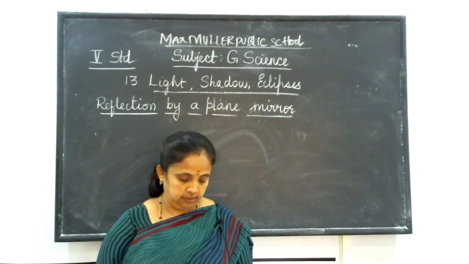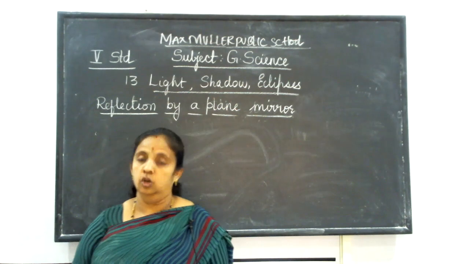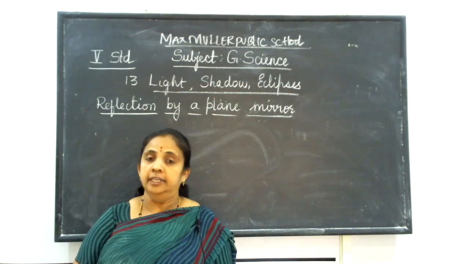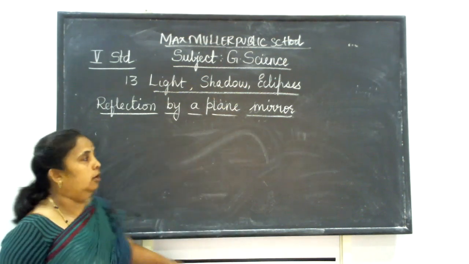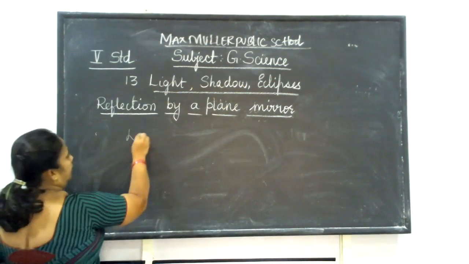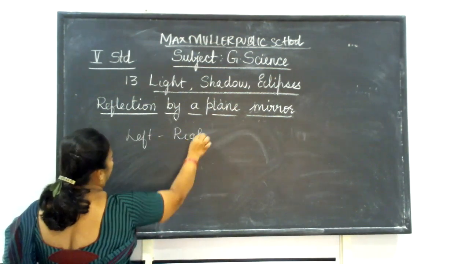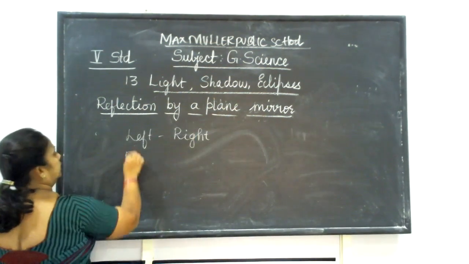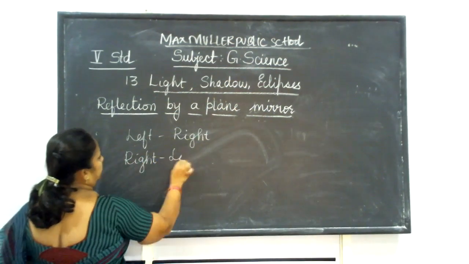Next, the change of the image formed in the mirror is known as lateral inversion. Now, when we lift the left hand, it appears as if it is right. When we lift the right, it appears as if we have lifted the left.